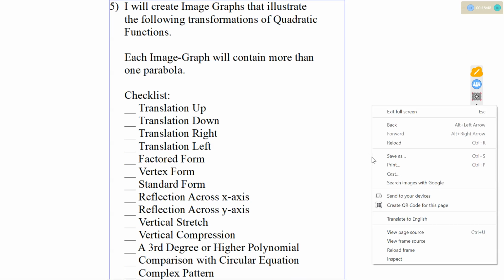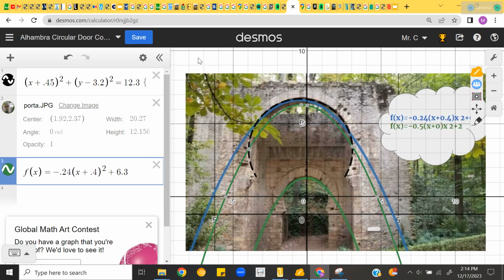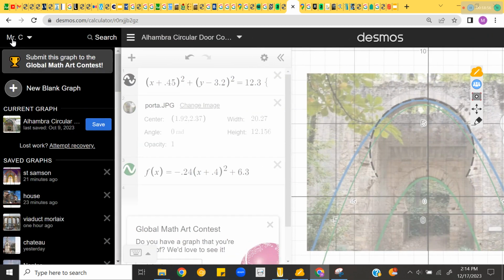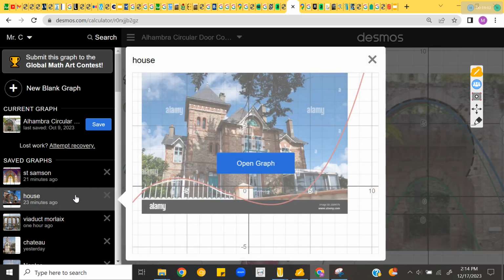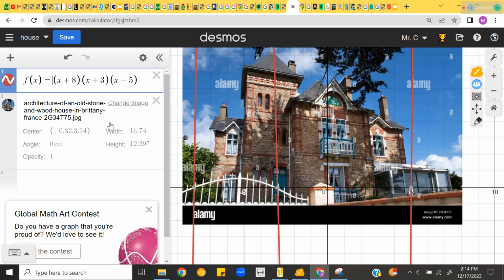I will go to Desmos and open up that file so that we can take a look at it. So don't forget to save your work. It could be helpful. And in this case, I'm going to go to the house that I made. As we look at this specific function, we can see that it has the intercepts that we need.